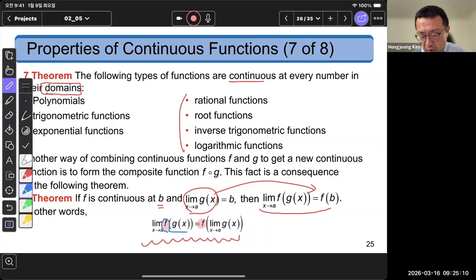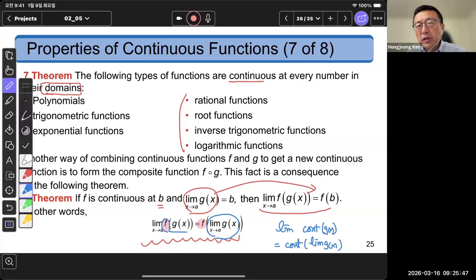Or I can just consider the limit of g(x) as x approaches a, and then evaluate the function f at the limit point. So if f is continuous, the limit of a continuous function of, say, g(x) will be the same as the value of this continuous function at the limit of the g function.